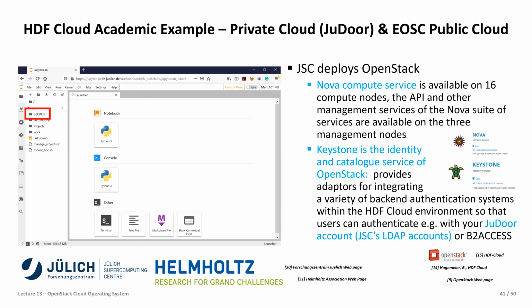Then of course a big element of one of these centers in the Helmholtz Association would be all about security. So Keystone is an identity and catalog service for OpenStack that provides authentication systems in order to get to the right people that are using this infrastructure. That is based on LDAP and also B2Access, and our request that we had before of really getting an account at FZJ or at Jülich.